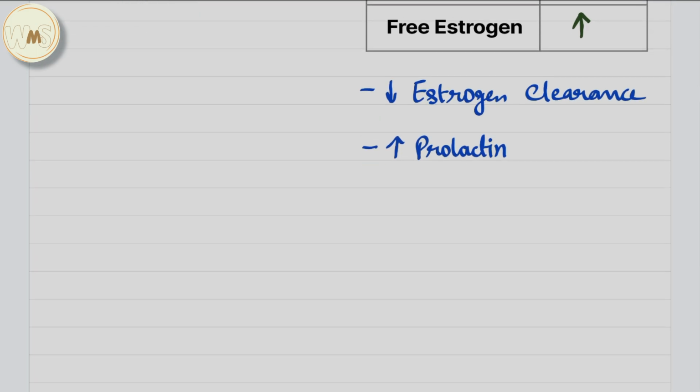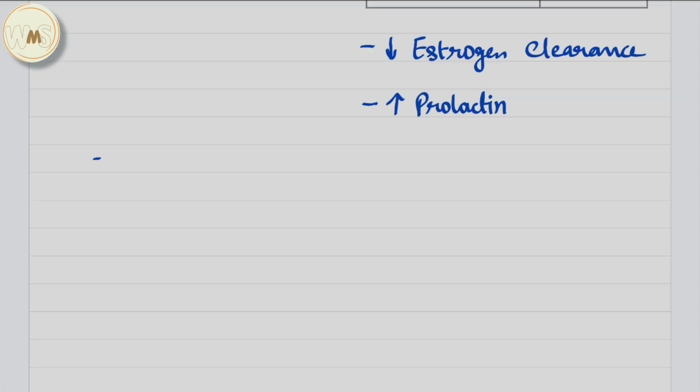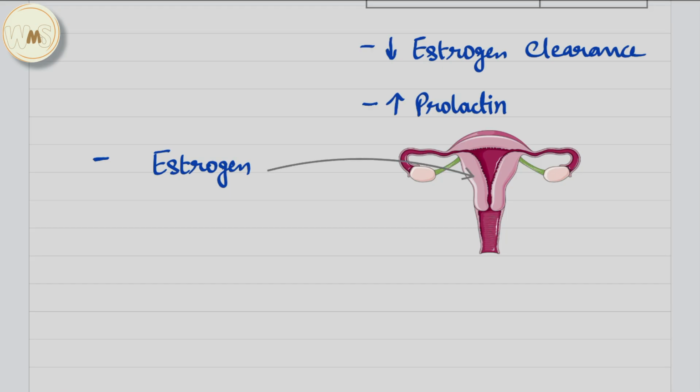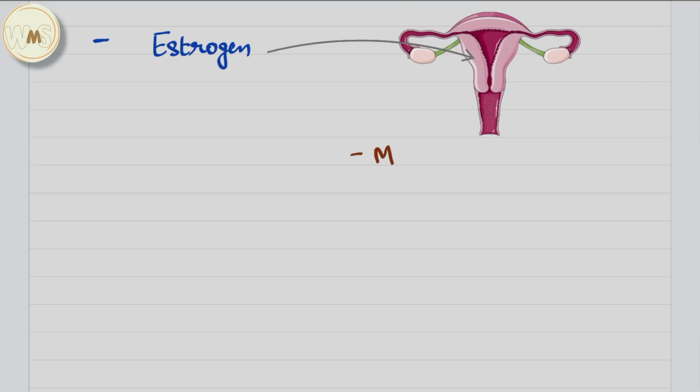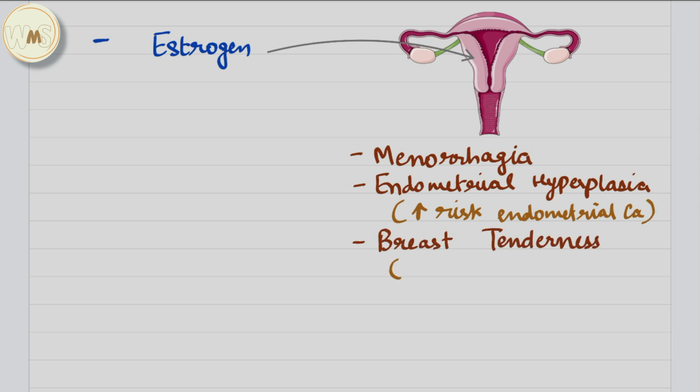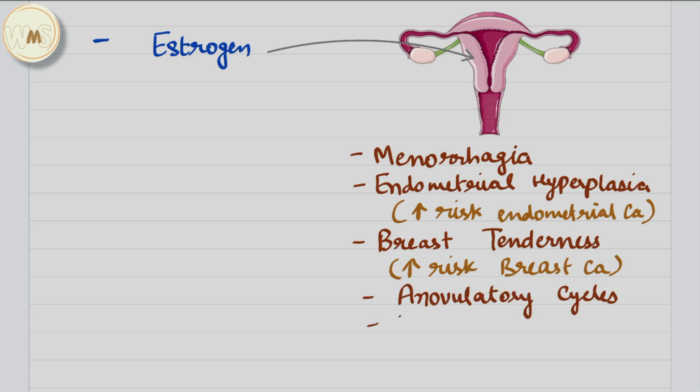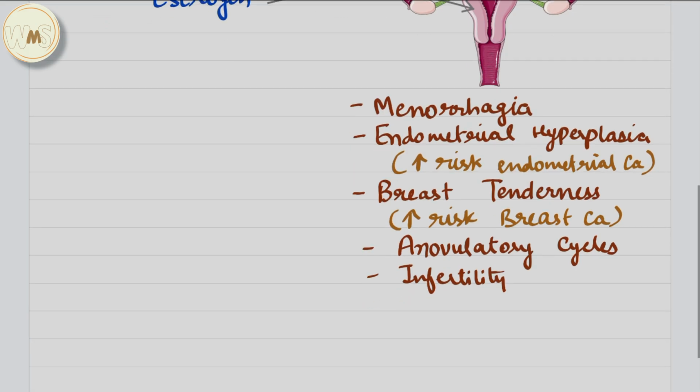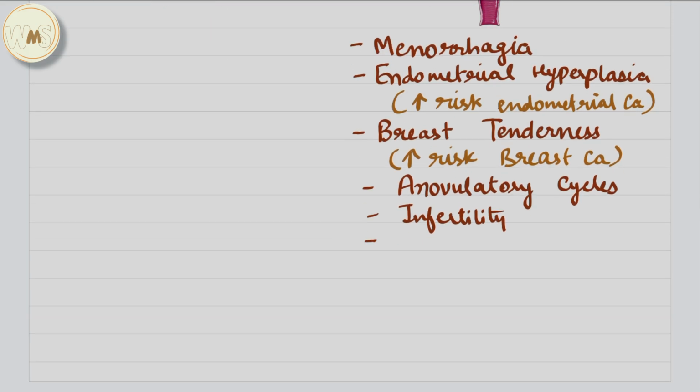So in hypothyroidism, because of prolonged exposure of the endometrium to unopposed estrogen, there is menorrhagia and endometrial hyperplasia risk, which increases the risk of endometrial carcinoma, breast tenderness, and also increased risk of breast carcinoma. There are anovulatory cycles and infertility because of decreased GnRH, LH, and FSH levels, and there is galactorrhea because of hyperprolactinemia.